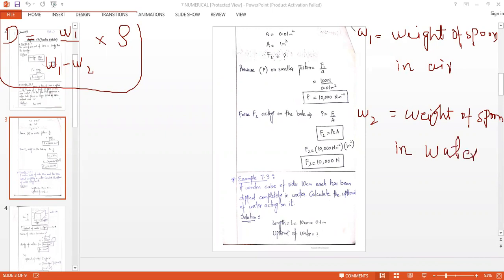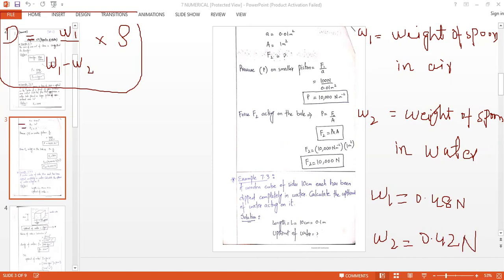So W1 equals 0.48 Newton, and W2 equals 0.42 Newton. Now just putting this in, and the rho value is 1000 for water.